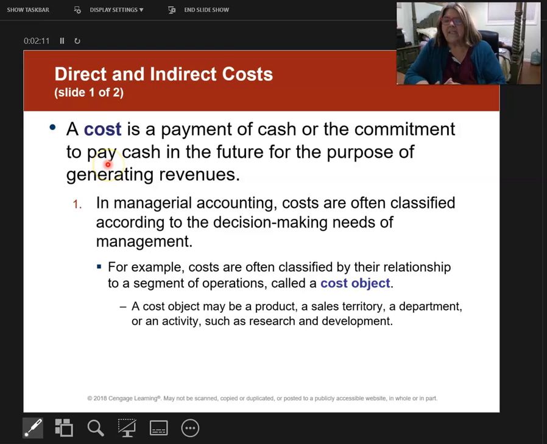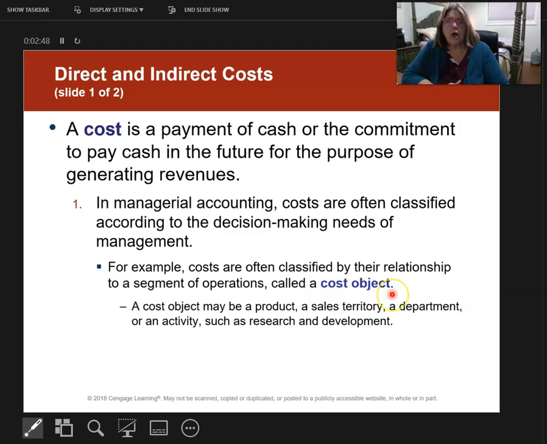A cost is any amount of money that I'm going to pay for something, whether I'm buying materials or paying for labor. Everything I pay is to make something that's going to generate me money in the long run. And so we talk about cost in relationship to other things.